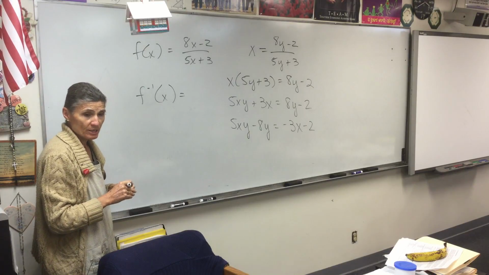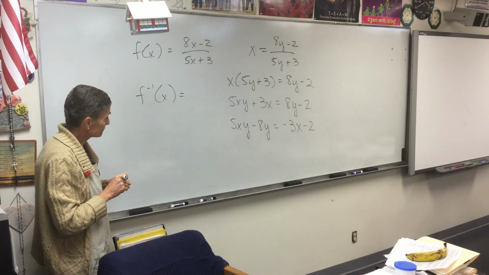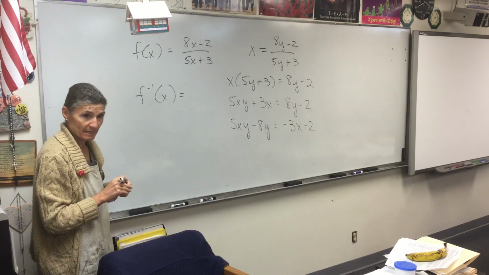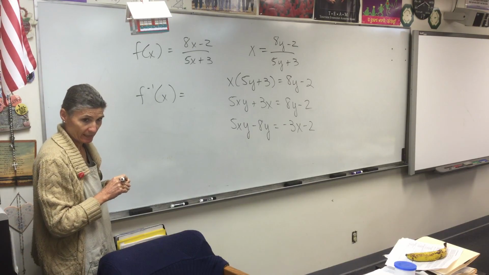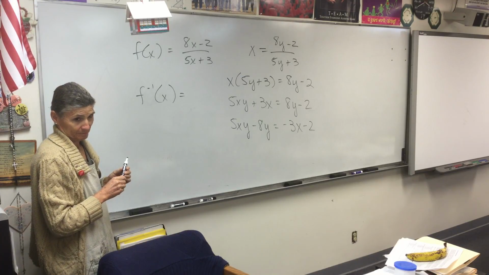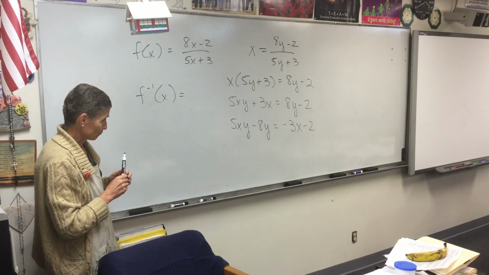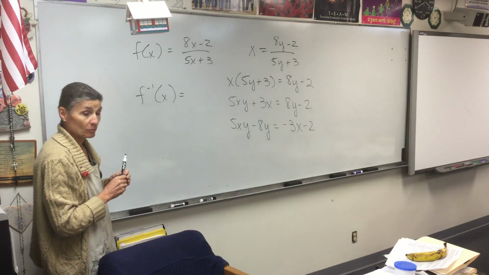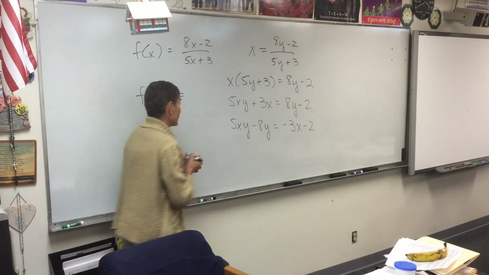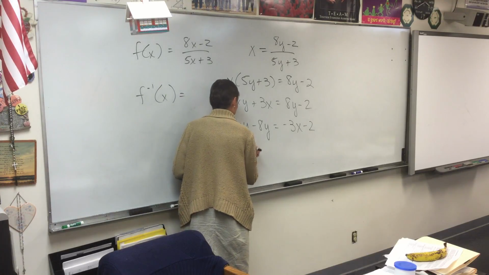Now, why did we do that, Chris? To get both y's on the same side. And what was the purpose of getting y's on the same side? What will I do next? Hold on, it's early in the morning, trying to get my brain together. You take the y out. We put them on the same side so that we could factor them out.